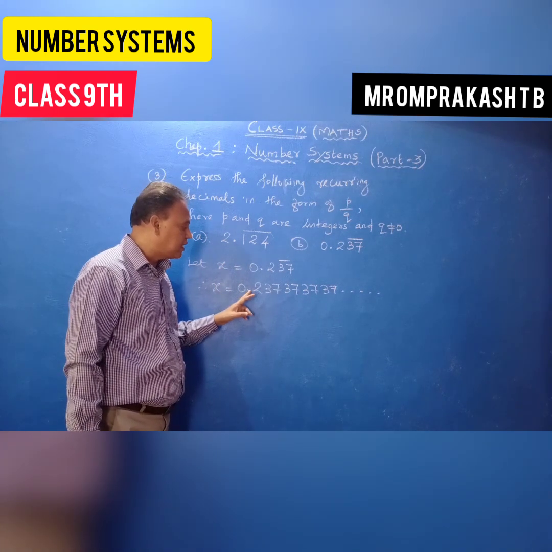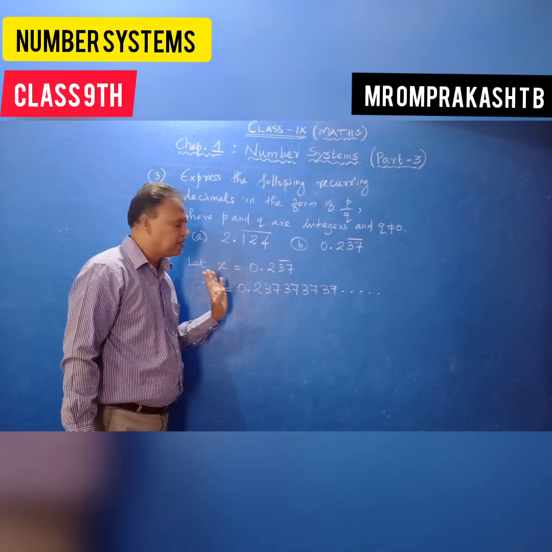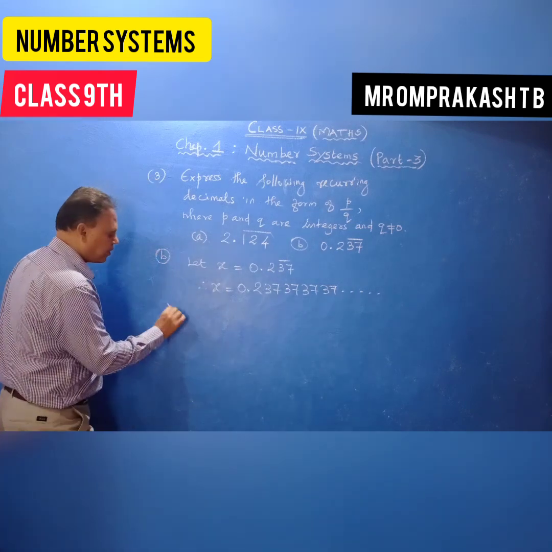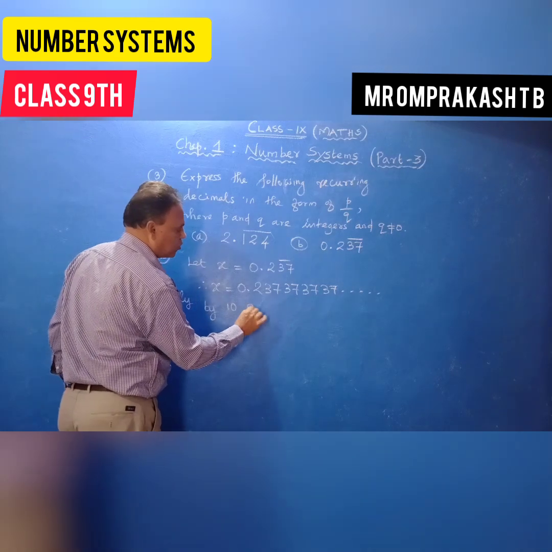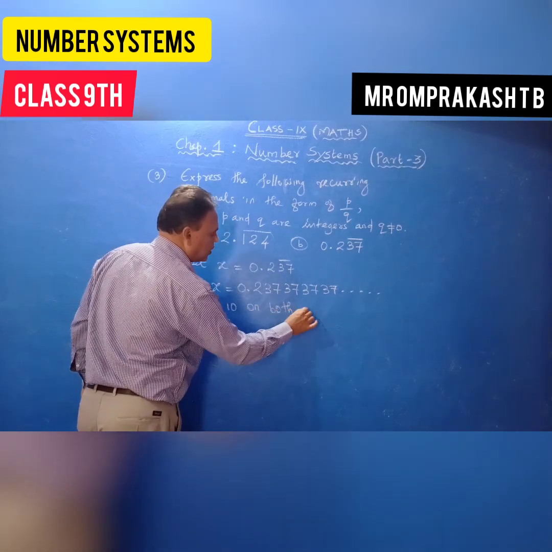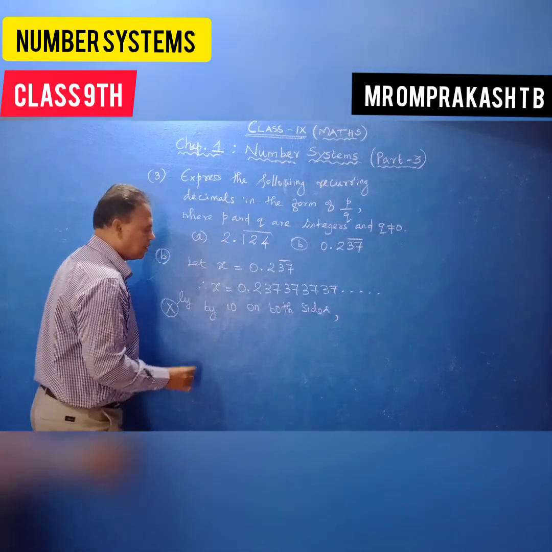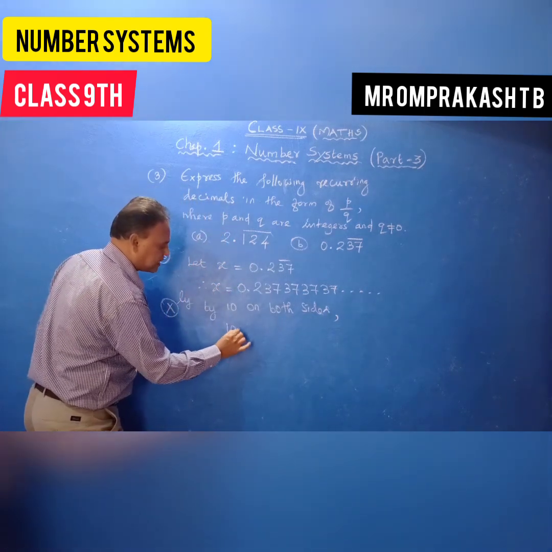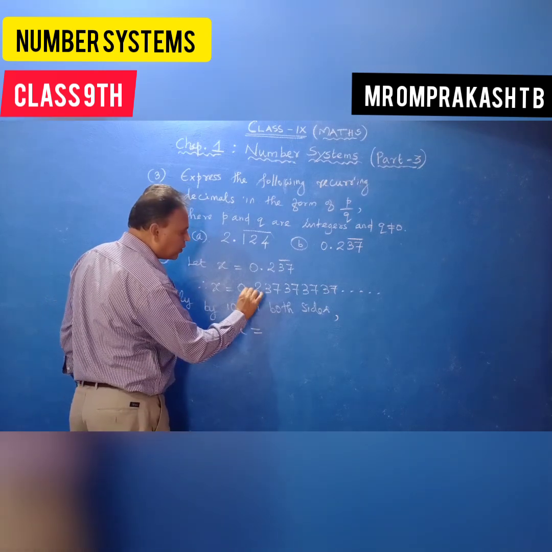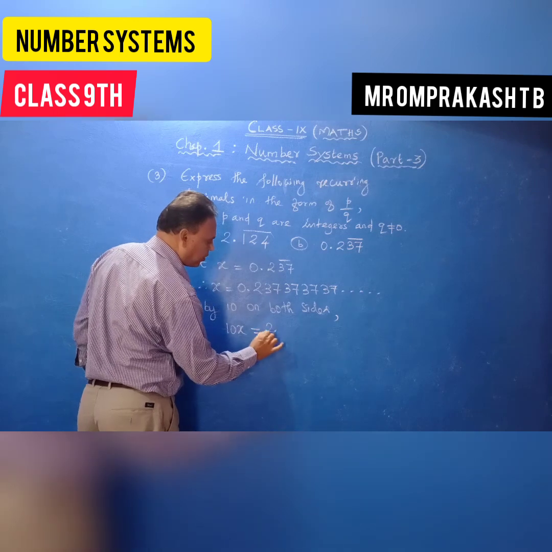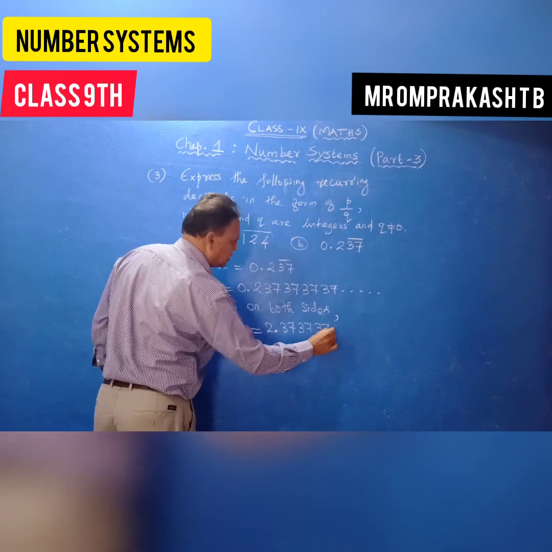That's why what you have to do is first multiply by 10, means this decimal point bring here. Clear? So multiply by 10 on both sides. So listen properly. Multiply by 10 means 10x is equal to 2.373737 dot dot.